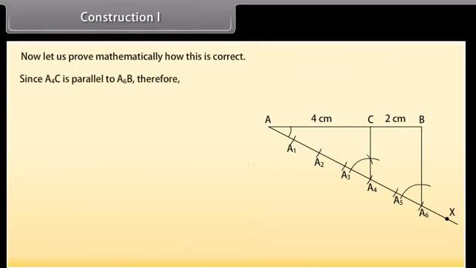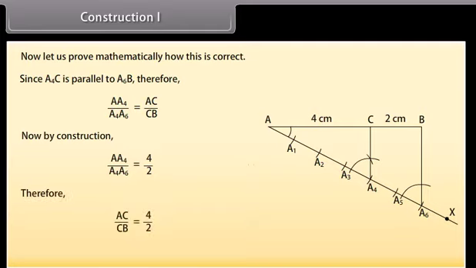Since A4C is parallel to A6B, therefore by the basic proportionality theorem, AA4/A4A6 = AC/CB. Now by construction, AA4/A4A6 = 4/2. Therefore, AC/CB = 4/2. This shows that C divides AB in the ratio 4:2.